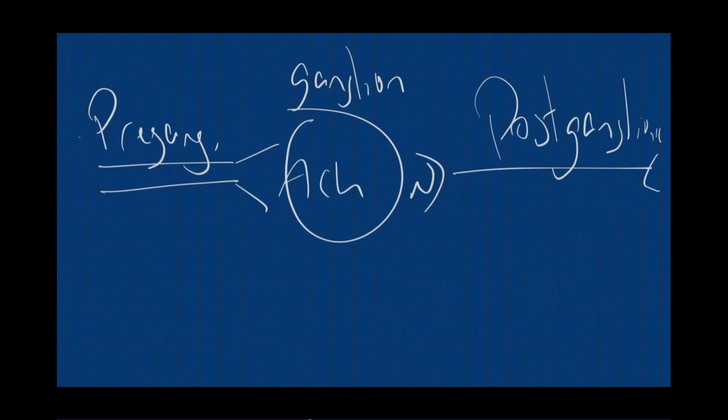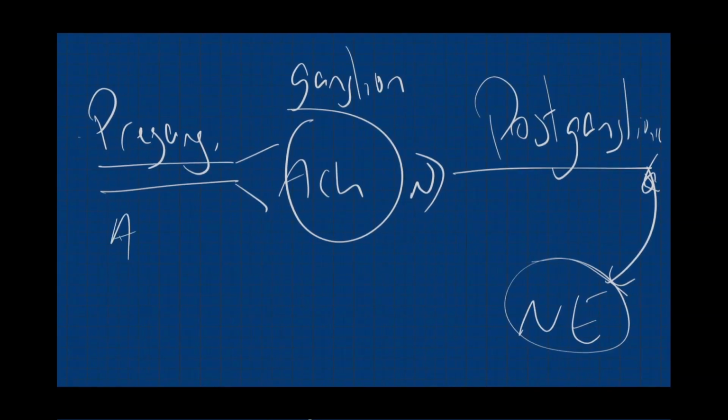But at the post side, it's going to be norepinephrine. So when it gets to the postganglionic, at the very end, the terminal boutons there are going to release norepinephrine. It's a sympathetic nerve. But the preganglionic is always going to be acetylcholine binding to that nicotinic receptor. That sends the action potential down that way. Now we're in the postganglionic nerve. When we get to the end of that one, because this is sympathetic, it's going to release norepinephrine.